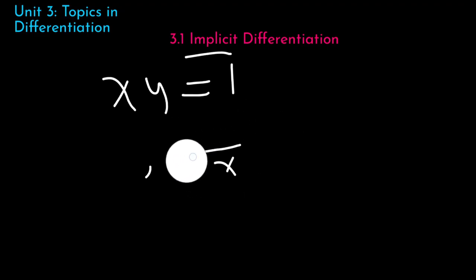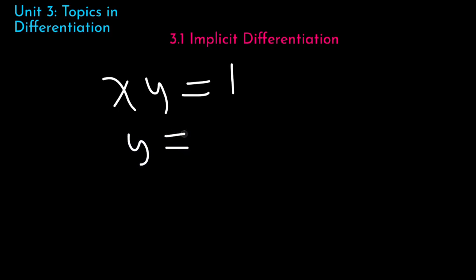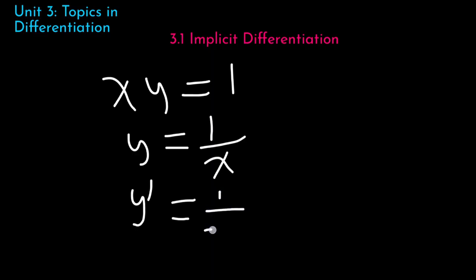So back to this example where we have xy equals 1. When we have something like this, we're going to solve for y to make it easier on ourselves. So we're going to have 1 over x. Now let's take the derivative. y prime equals 1 over x prime, right?